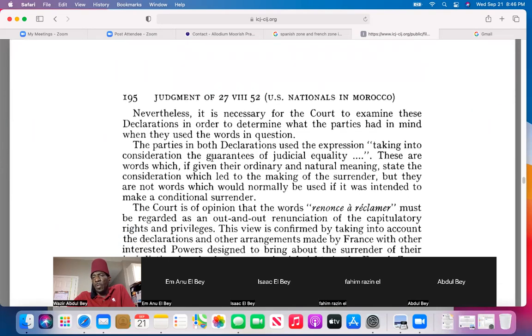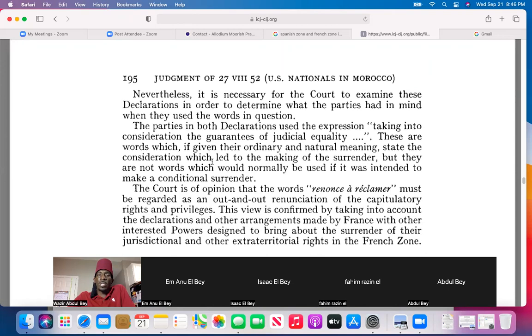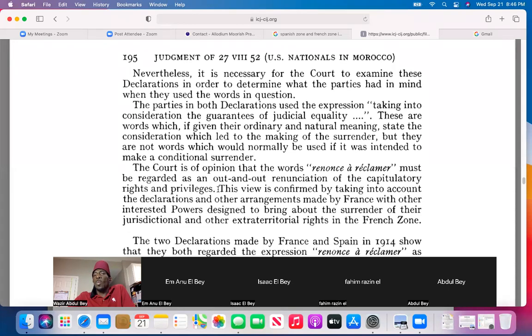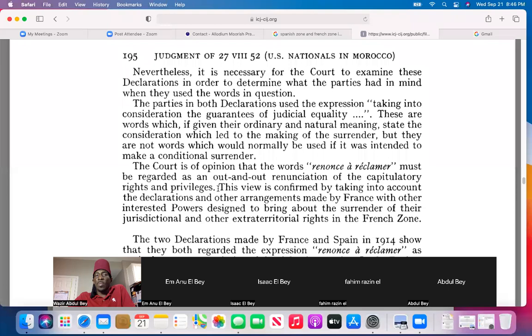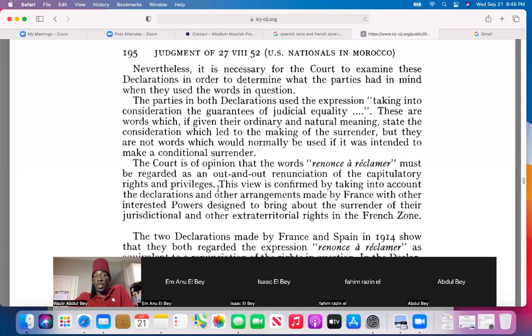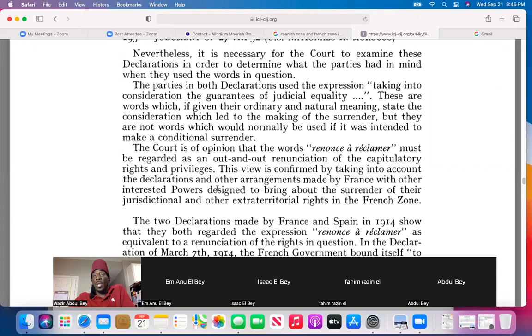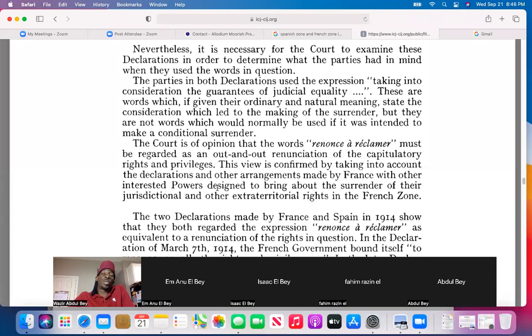Nevertheless, it is necessary for the court to examine these declarations in order to determine what the parties had in mind when they used the words in question. The parties in both declarations used the expression, taking into consideration the guarantees of judicial equality. These are words which, if given their ordinary and natural meaning, state the consideration which led to the making of the surrender.